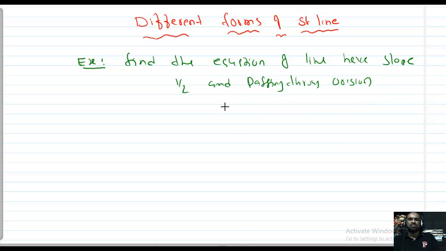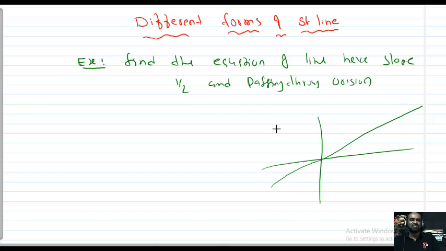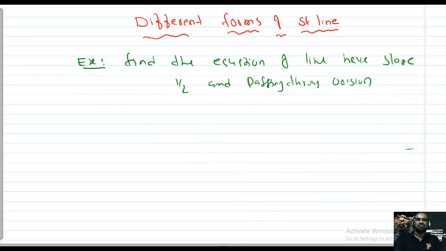Students, the line having slope 1 by 2 and passing through the origin is a unique line on the coordinate plane. Unique line, only one line. This is one of the lines. The inclination is tan inverse of 1 by 2, and it passes through the origin. So now I want to find the locus equation. The slope is given, the point is given, so we can directly find it.